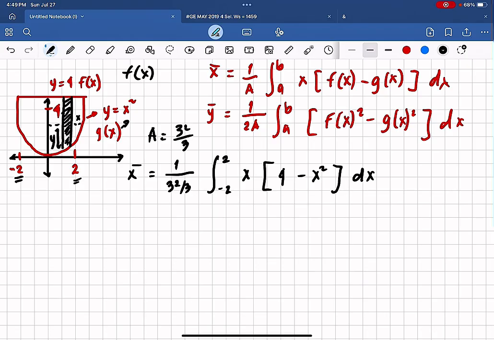Since this is an odd function over a symmetric interval, the value of the integral is equal to 0.